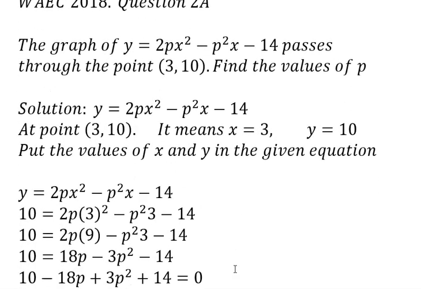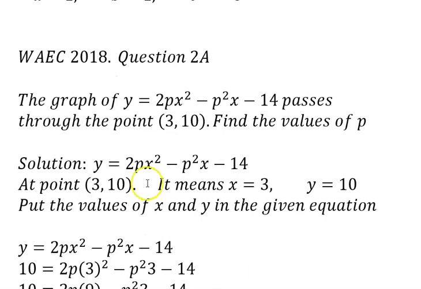Question number 2a in WAEC question 2018. WAEC 2018, question number 2a. The question says the graph of y equals 2px squared minus p squared x minus 14 passes through the point 3 and 10.